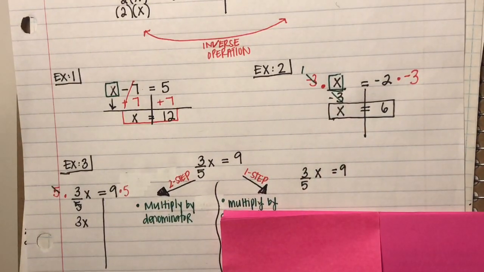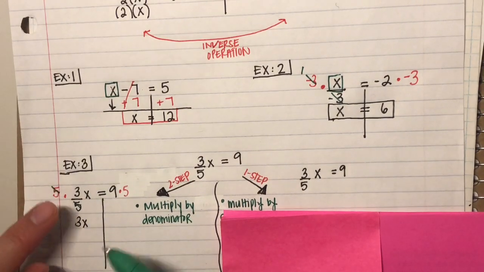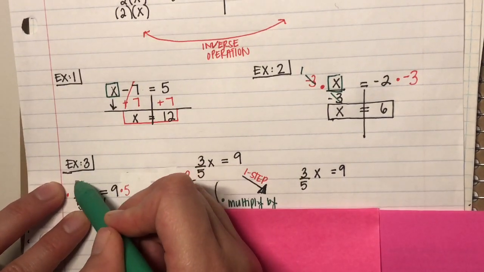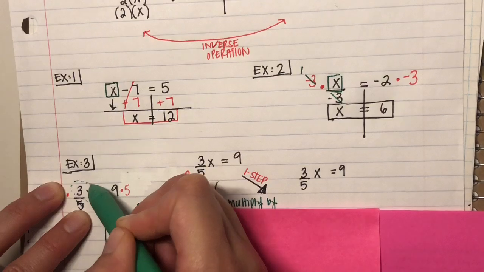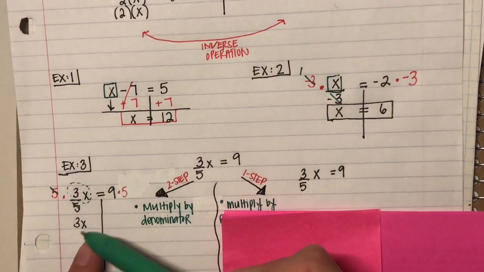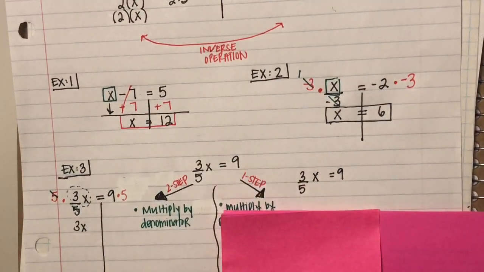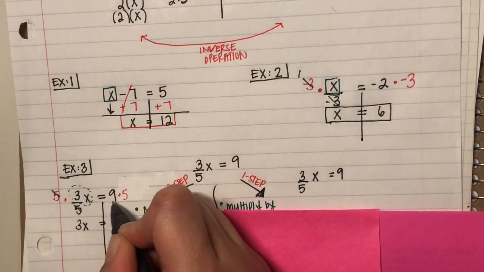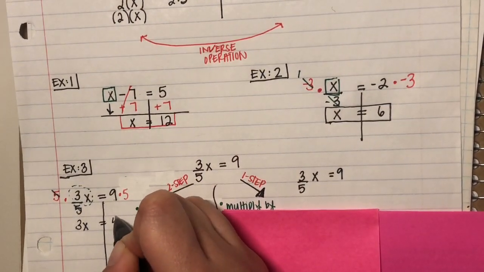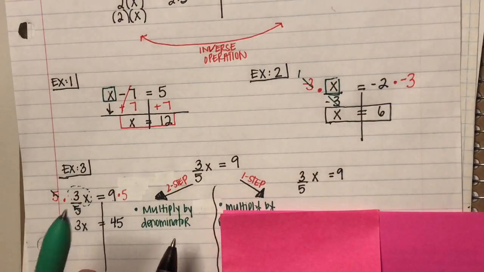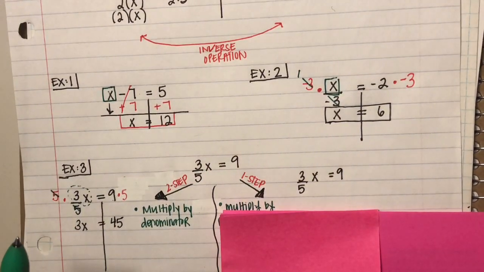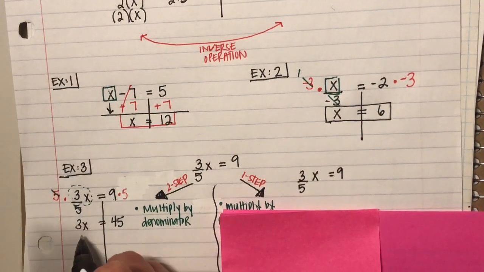Okay, so you see how those canceled out, and then always make sure you look at your numerator to see what's left. Okay, so I dropped down the 3x is equal to 9 times 5, which is 45. And now it's back to those 1-step problems that I did in the previous examples.